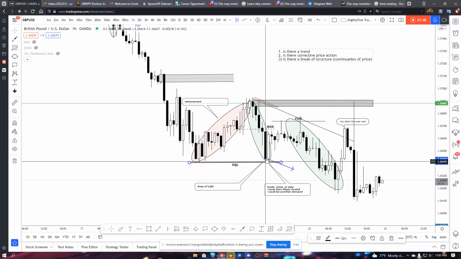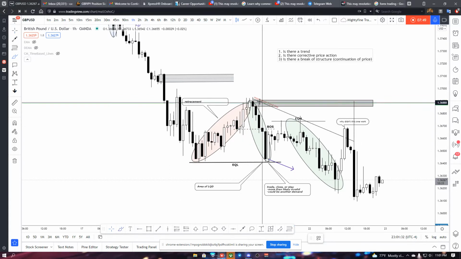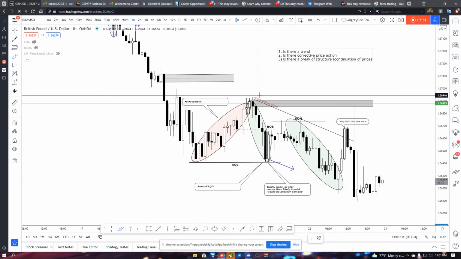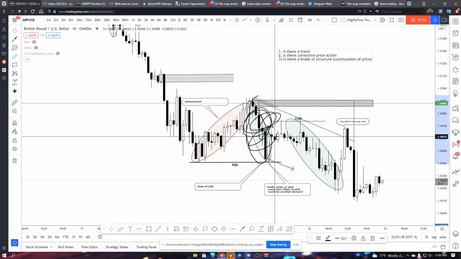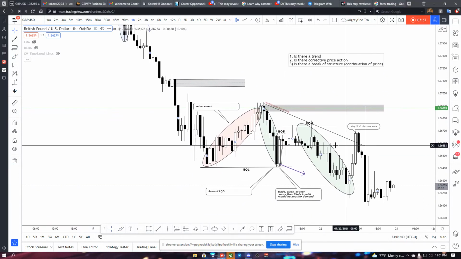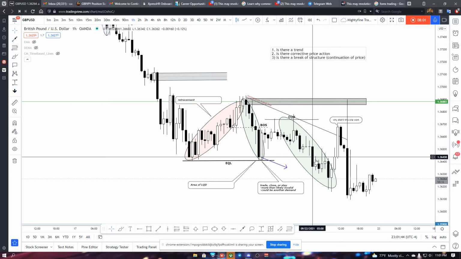But since I don't have that break of structure in this region, this is invalid. This whole area is invalid. This continuation right here is invalid. But what's valid is this movement.